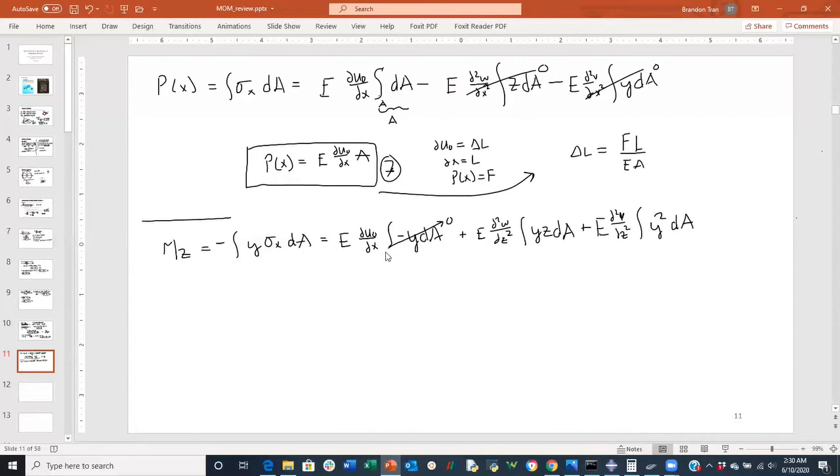Okay, so the first section goes to 0, so you only have the remaining sections. Now, if this and this look familiar to you, this is your definition of inertia. So this becomes I_y, this becomes I_yz. So those are your moment of inertia definitions.